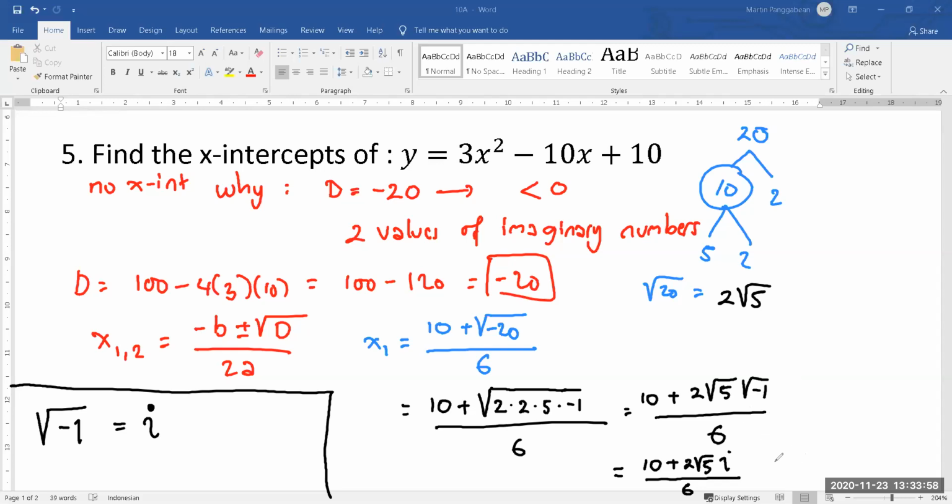So in the end, this is still not the final answer, right? The final answer will be 5 plus square root of 5 i over 3. Done.